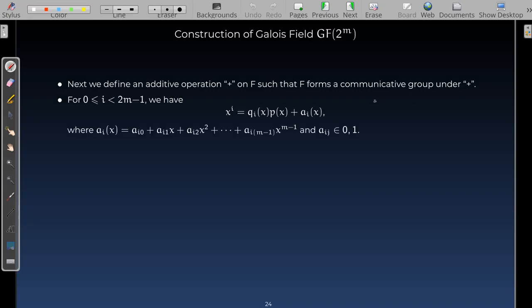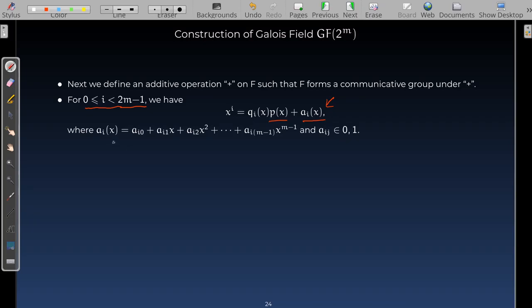To do that, for i greater than or equal to 0 and less than 2^m, we can always write x^i = q_i(x)p(x) + a_i(x), where, when we divide x^i by p(x), our primitive polynomial, a_i(x) is the remainder.